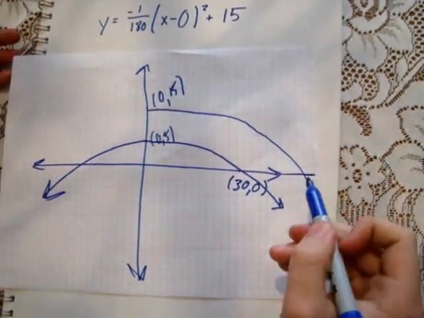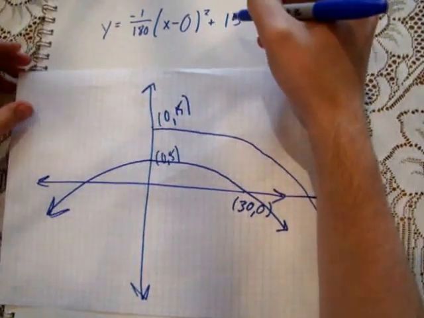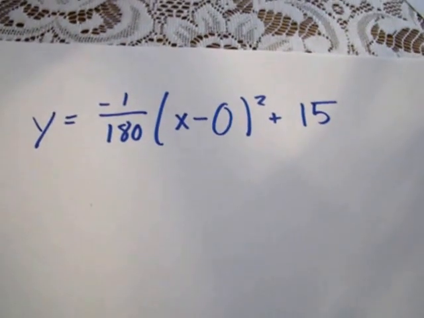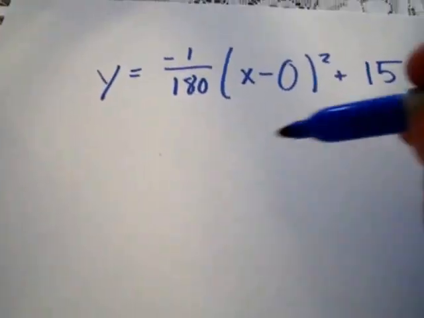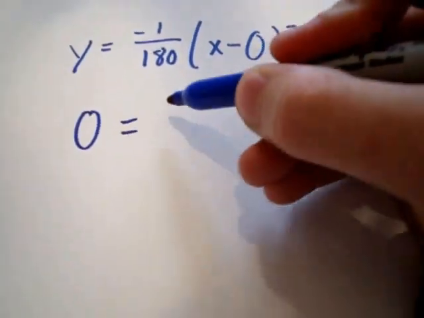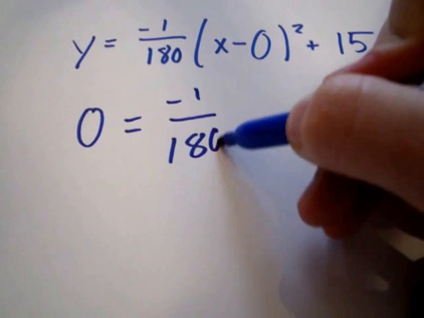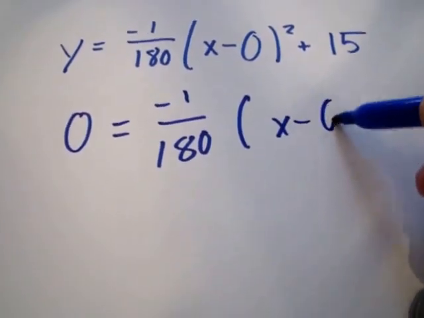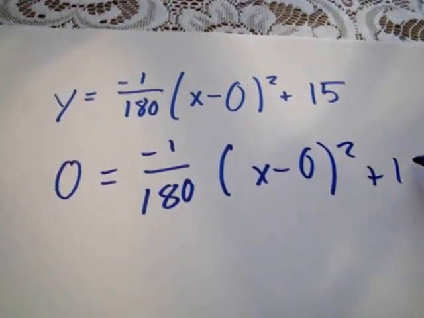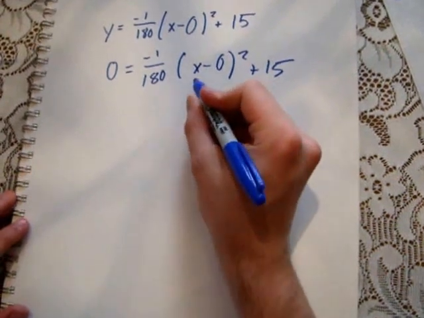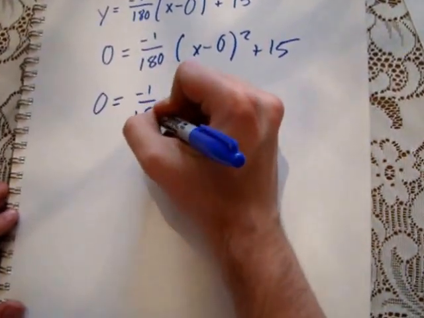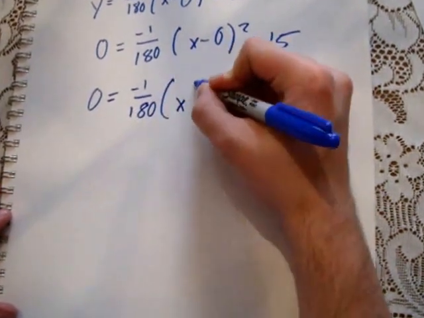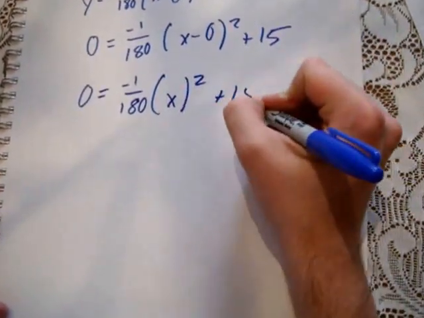So we need to calculate the x-intercept by using our equation up here. Now you remember that the x-intercept is calculated when y is 0. Plug in 0 for y, we get 0 equals -1/180 times x minus 0, squared, plus 15. Now this x minus 0 bit will simplify to just x squared plus 15.